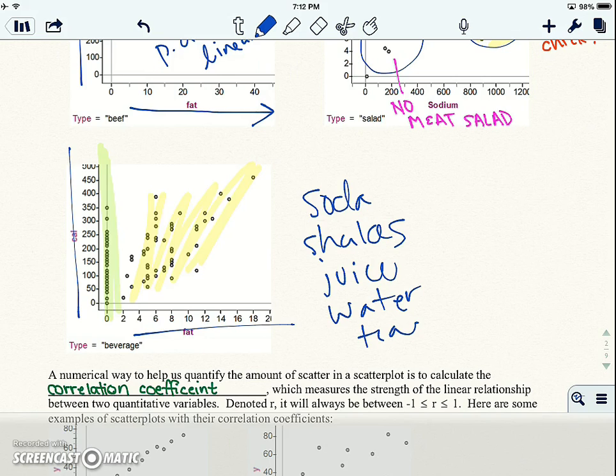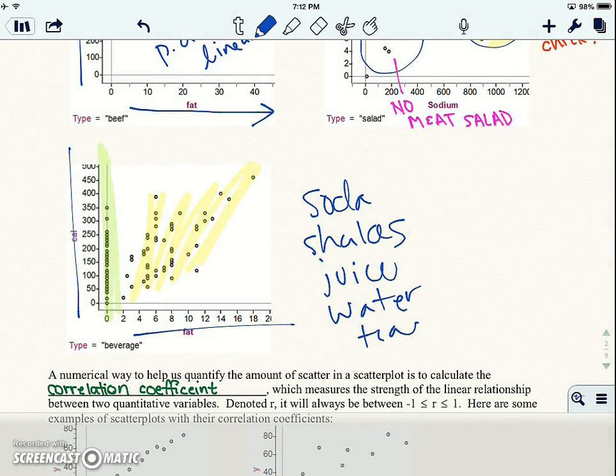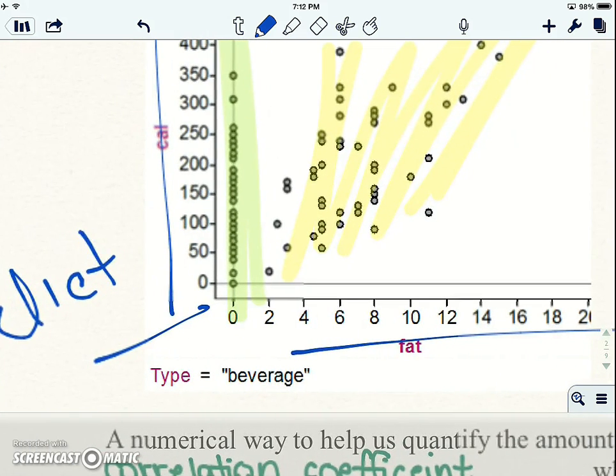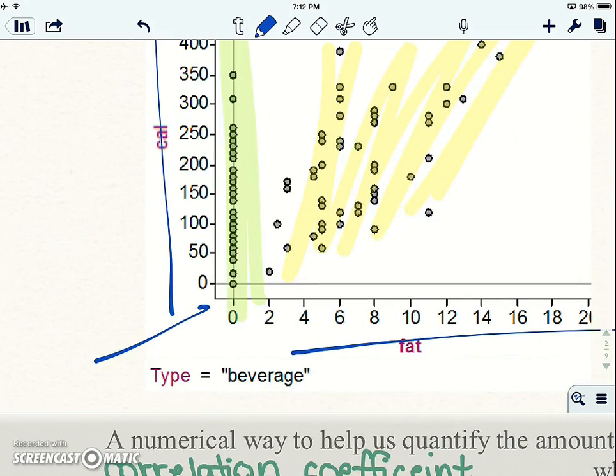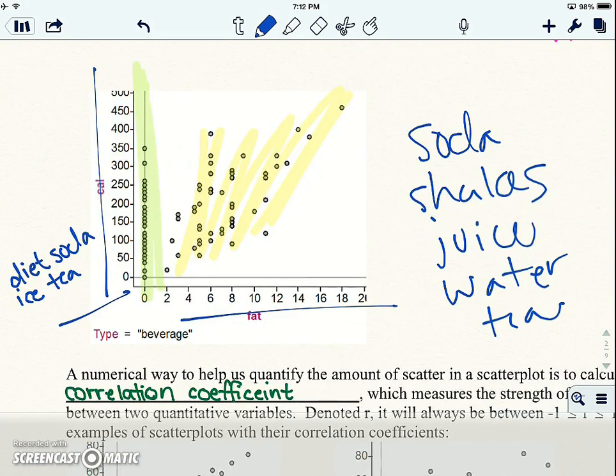Well, maybe this green line could be their diet sodas. Okay, they also have iced tea that's unsweetened. It could be juice, but juice tends to have a lot of calories if there's sugar.